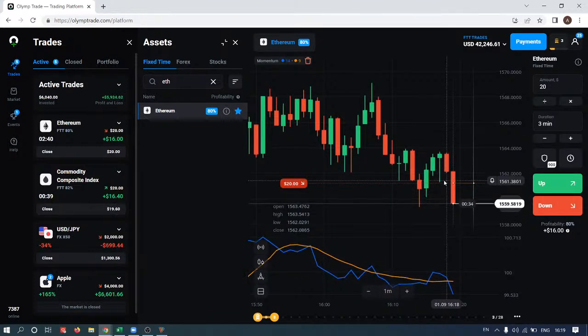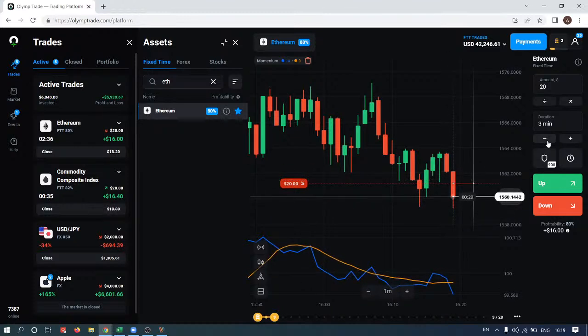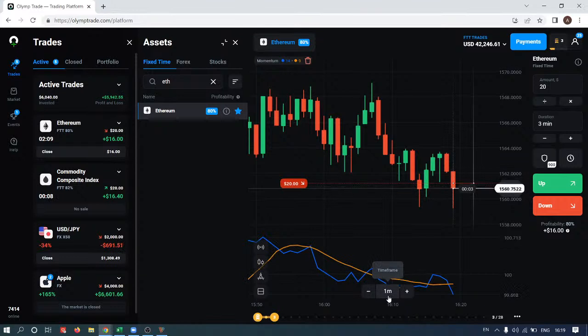Figuring out the optimum duration of your trades is another thing that requires a little bit of practice. For some people, your ideal time can be 2 minutes, or 5 minutes, or 7 minutes. Ideally, I just follow this simple rule: I take the current time frame, which is 1 minute, and multiply it by 3.